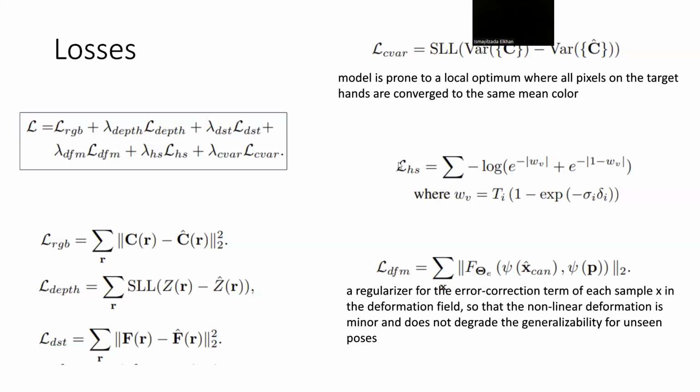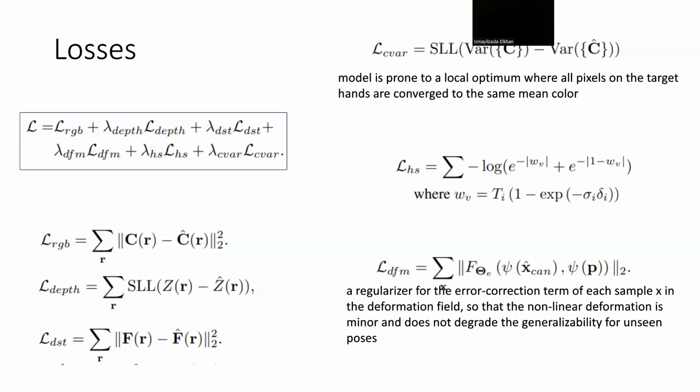And then for this loss here, the purpose is that they found that sometimes around the representation of the hand, there are fog-like semi-transparent structures, which are sort of like noise.